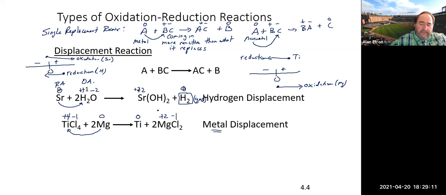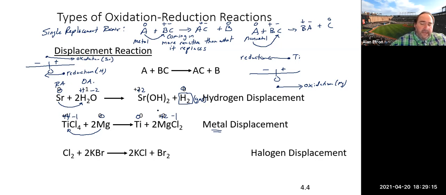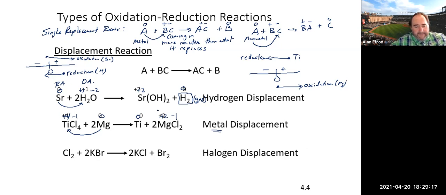Another type of displacement is one that we actually saw in that experiment that we talked about a second ago, and that's a halogen displacement, because group 7 is involved. What's happening here is this one is going to come in and kick out the other halogen that is present. Chlorine all by itself, not attached to anything, has a zero oxidation state.